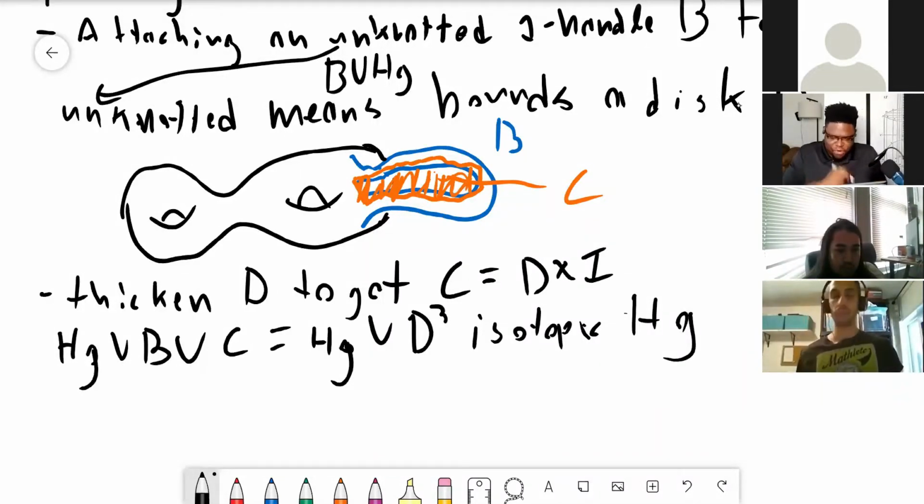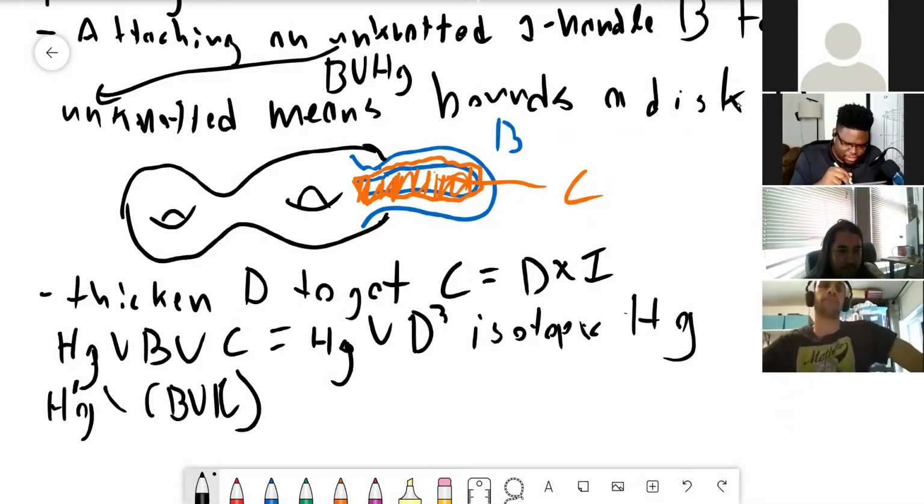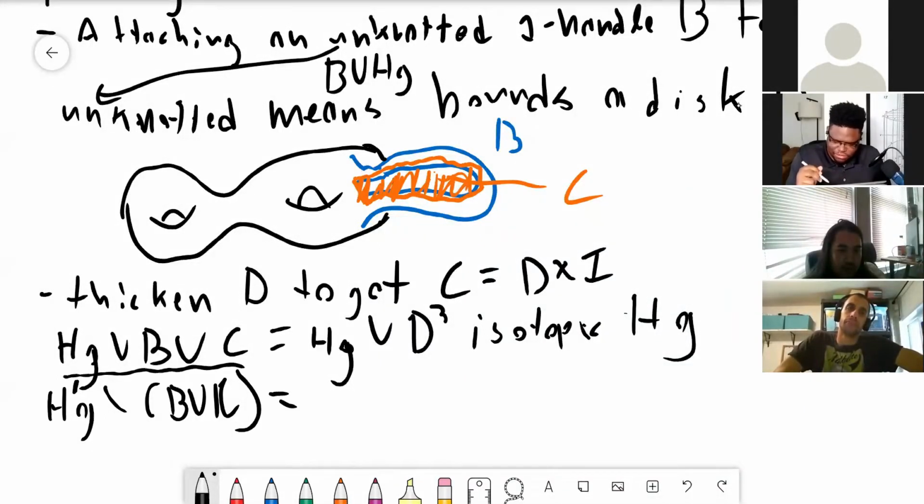And the reason why this is important is this means that if I look at H_G prime, which would have been the complement of our original handle body, and I remove this, and let's say I take the closure of it just to be sure, this must be isotopic to just H_G prime.